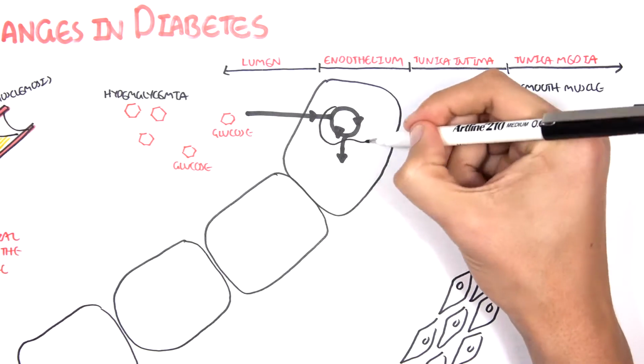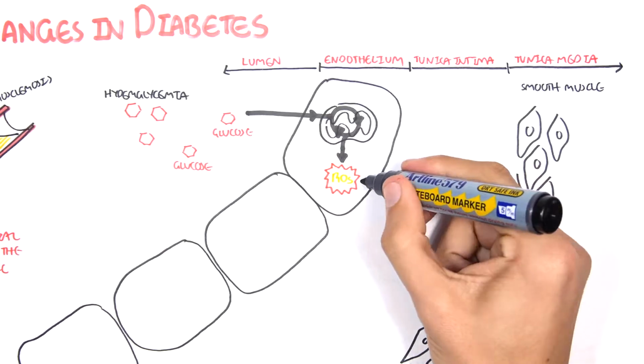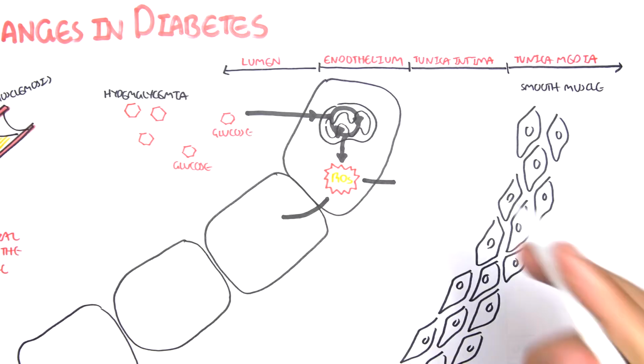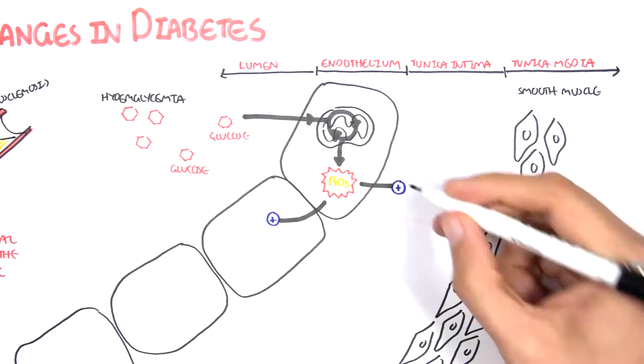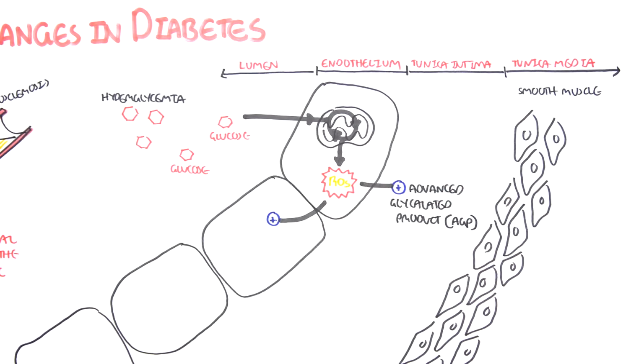With so much glucose being taken inside the endothelial cells, the cells produce a lot of energy, and as a byproduct, reactive oxygen species, or ROS. The increase in reactive oxygen species, ROS, leads to a number of things. One, formation of advanced glycosylated protein products.